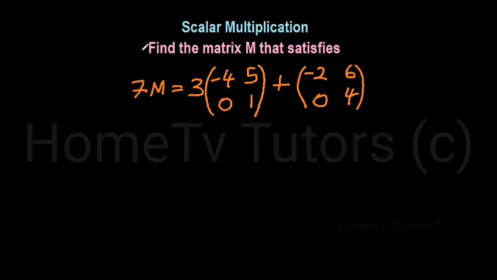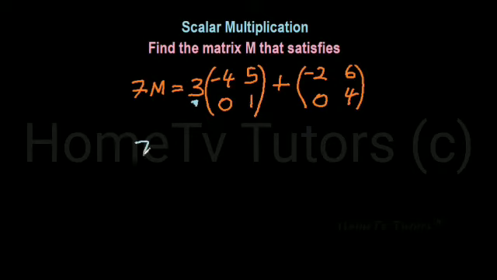Now let us take a look at this question. Find the matrix M that satisfies 7M equals 3 times the matrix [-4 0; 5 1] plus the matrix [-2 0; 6 4]. First we need to use the scalar 3 to multiply the elements in this matrix.